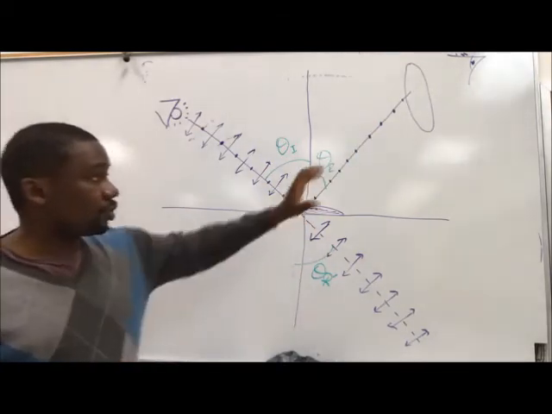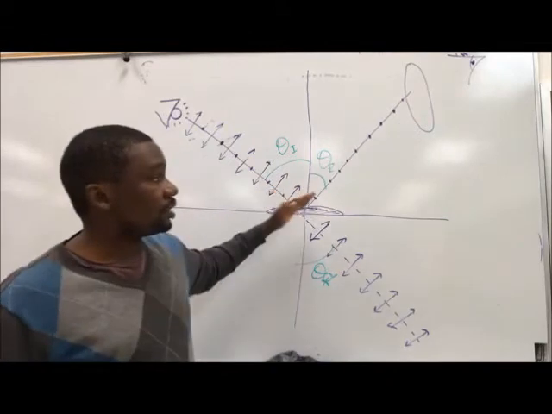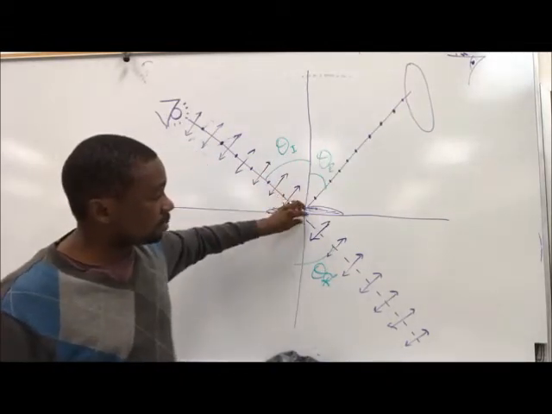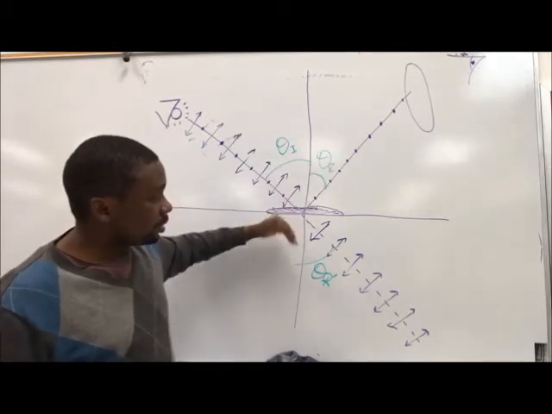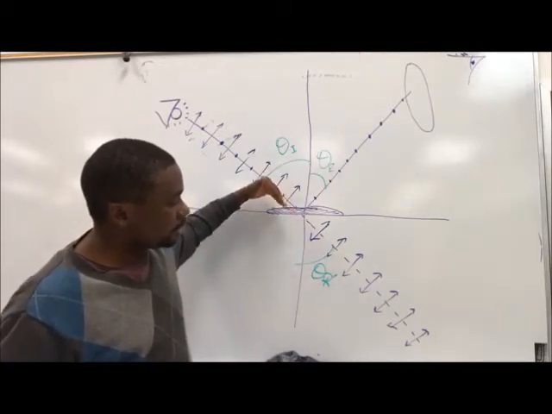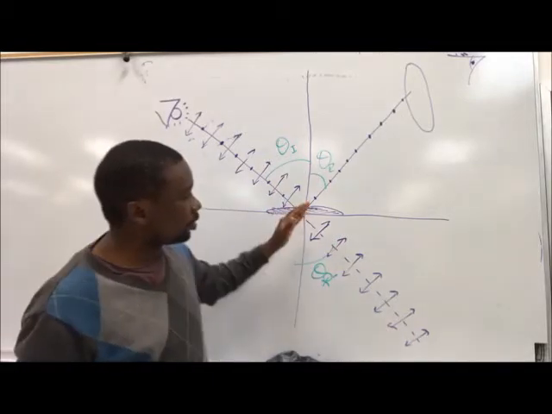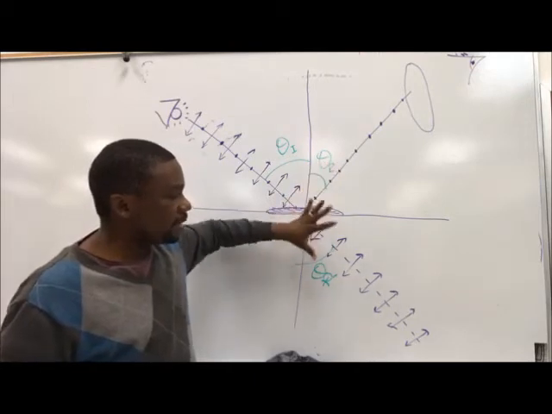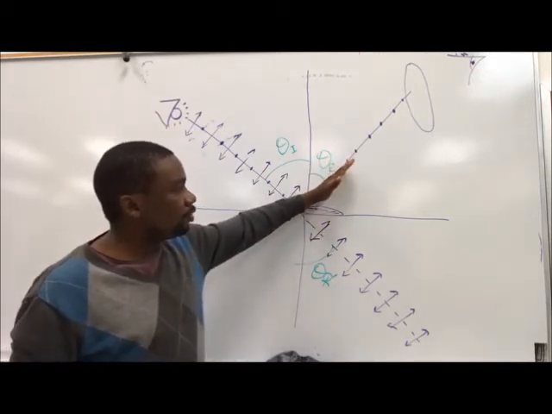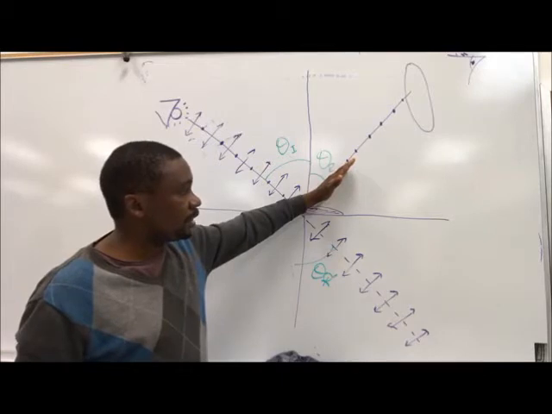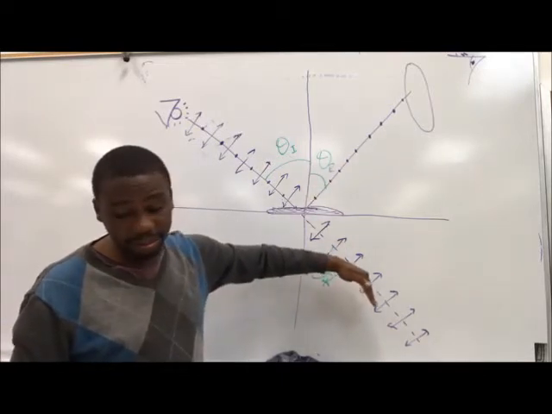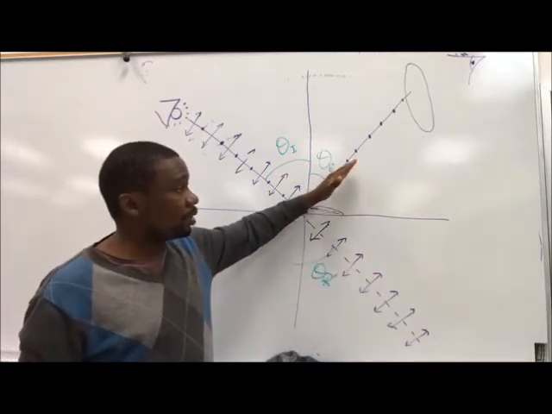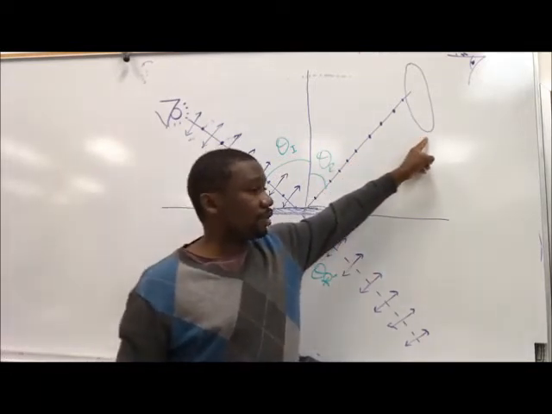So when you use your Polaroid to make sure that what you see is fully polarized light in comparison to what was leaving the table, which was just partially polarized, because even though my drawing says all the vertical spins are going in and all the horizontal spins are going out, in reality, it's a mix. You still have a few photons with vertical spins here, and a few photons with horizontal spin in here. So the light is still partially polarized.